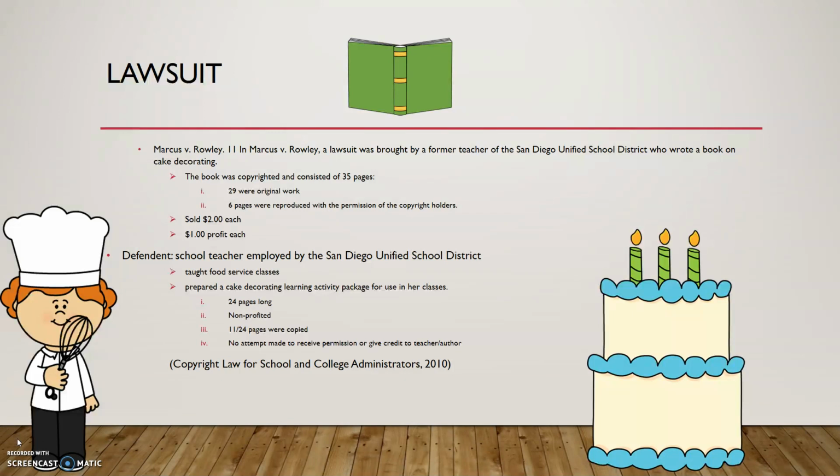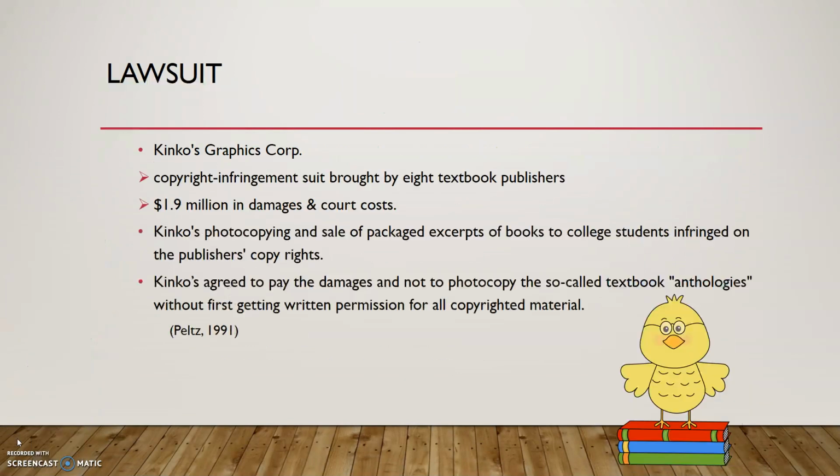However, 11 of the 24 pages were copies from the former teacher's book, and no credit was given to the former teacher. The Court of Appeals stated that even though the defendant did not profit and had a purpose for educational use, this does not automatically mean it qualifies as fair use. Also, the defendant didn't attempt to receive the teacher's permission or give credit for her work.